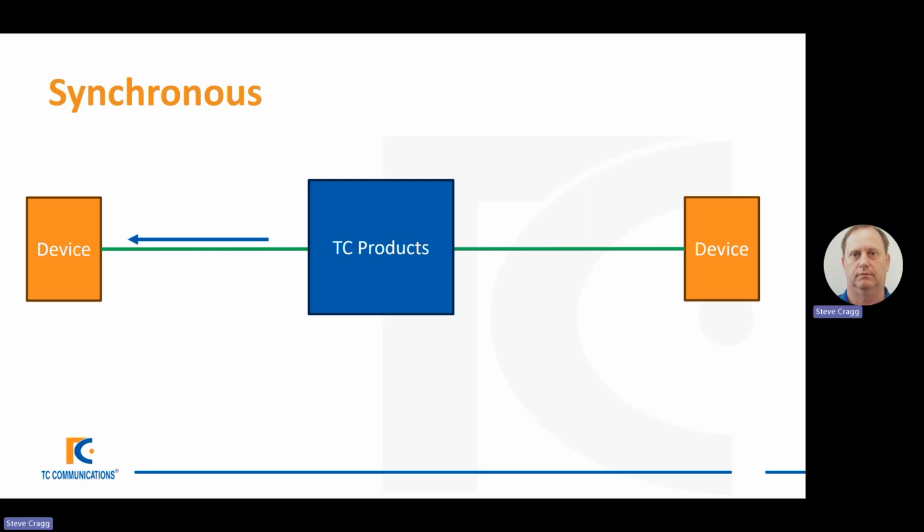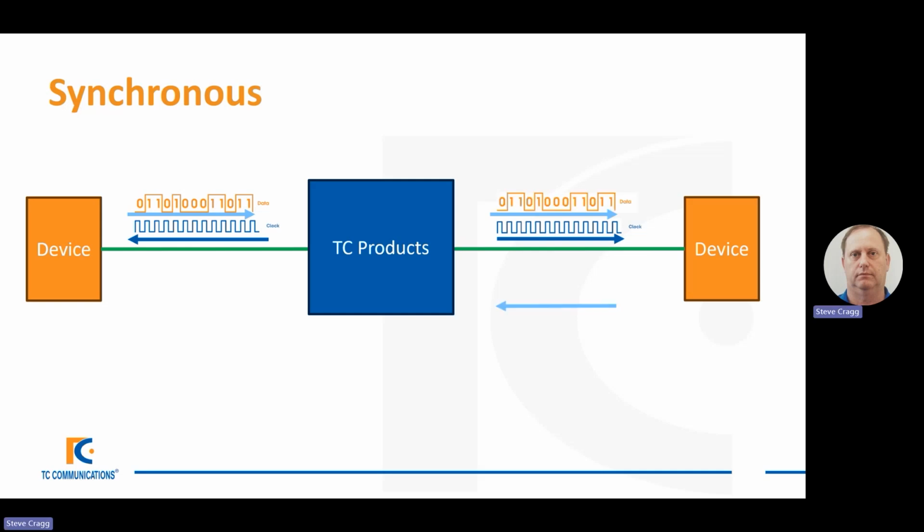Now, there is a different approach. It is possible that the TC product, for example a JumboSwitch product, can be set to actually generate the clock itself. This is an interesting one because we send the clock from the TC product out to the device on the left, and we send another clock out to the device on the right. We send the data through, and the data goes through on that side.